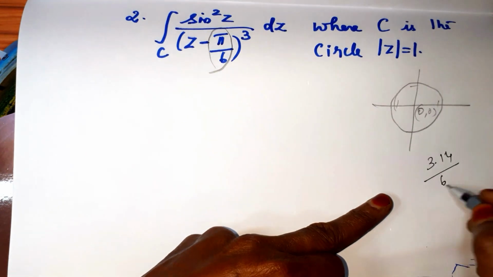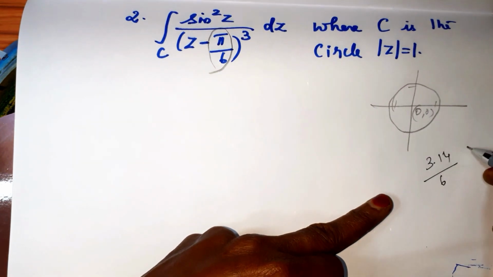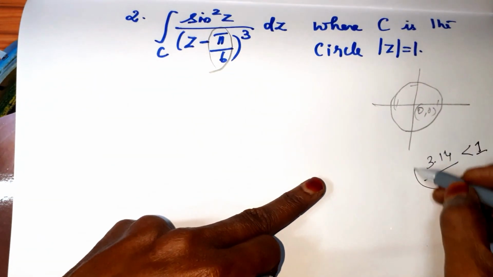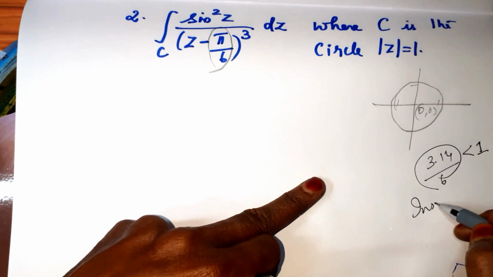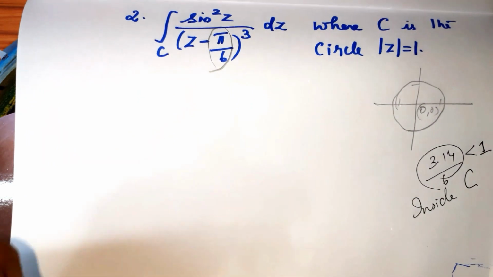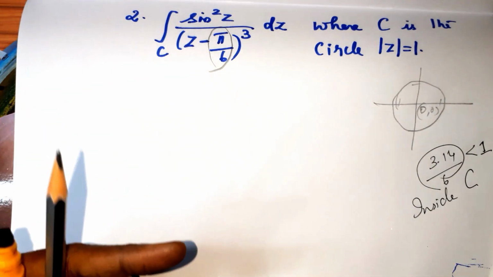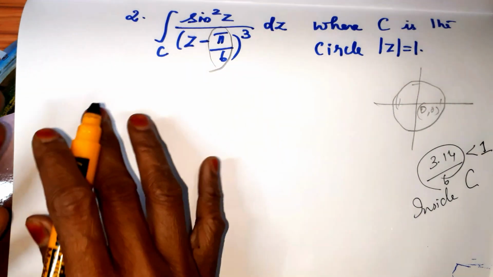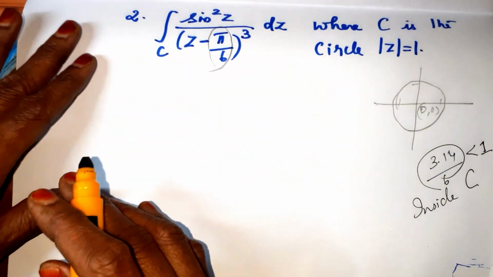Pi by 6 is nothing but 3.14 by 6. Strictly this number is lesser than 1. So this point lies inside C. After this confirmation only, we have to use the formula. Am I right? If it lies outside C, what will happen? The total integration will become 0.